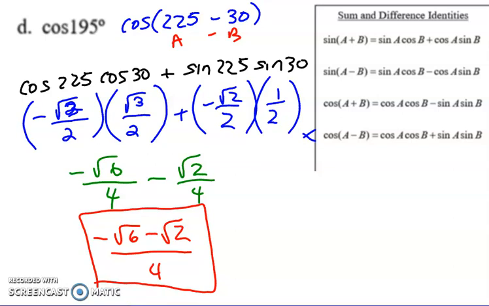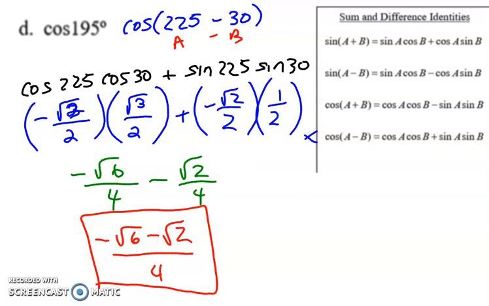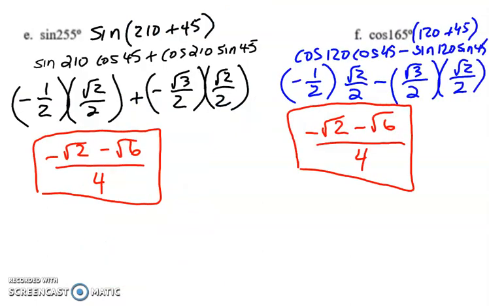Take a few moments to try examples E, F, G, H on your own, and obviously you can check back to fill those in, and we'll move on to the next example. Let's take a look at your answers for examples E and F. Now, you could have used different angle values, but ultimately your answers are going to be the same.